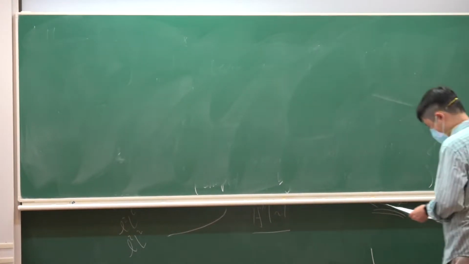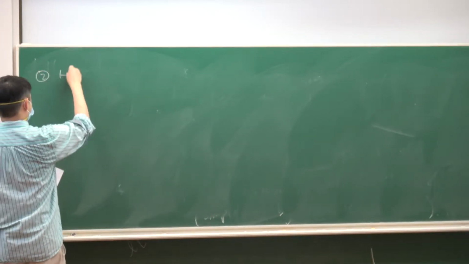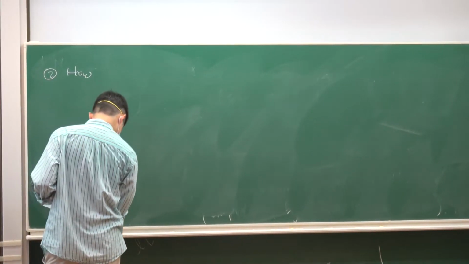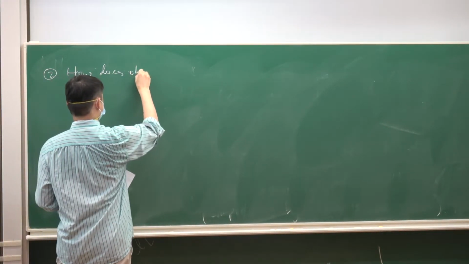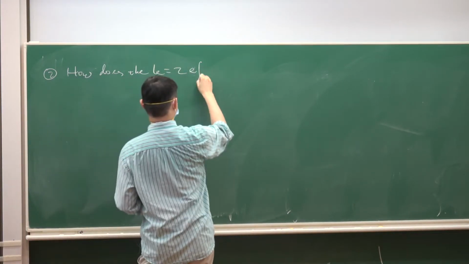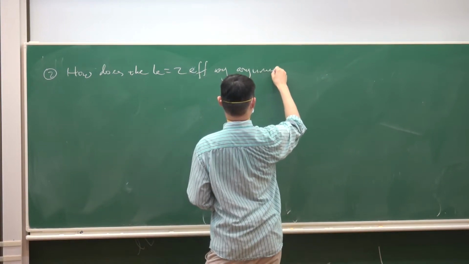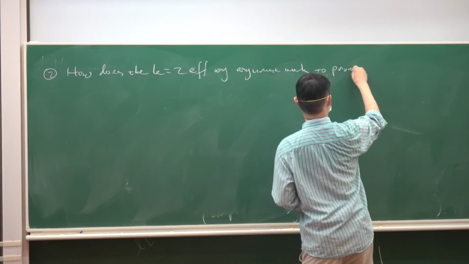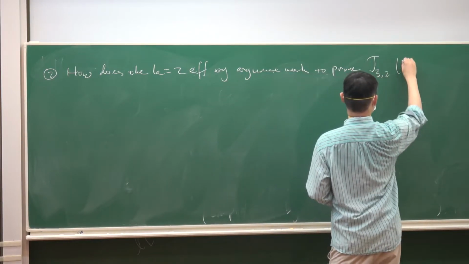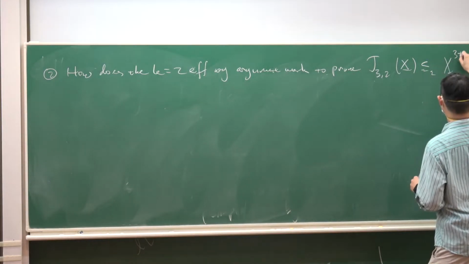So question 2, how does the k equals 2 efficient congruencing argument work to prove J32 of x is less than x cubed plus epsilon?